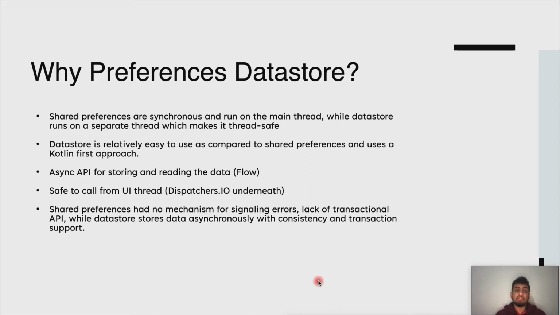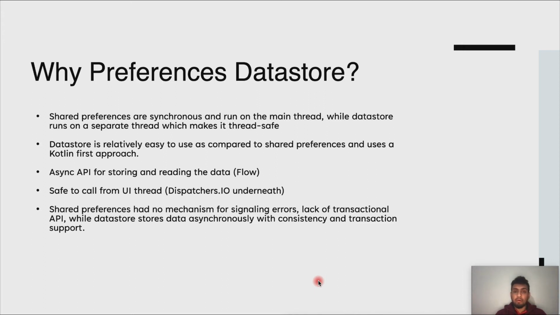For example, if your data is not being stored, you don't know if it is stored or not. Data store helps in that. It uses a transactional method to store data, which means that you can actually save multiple data in one transaction. We will be learning more about that later when we shift to the coding side.